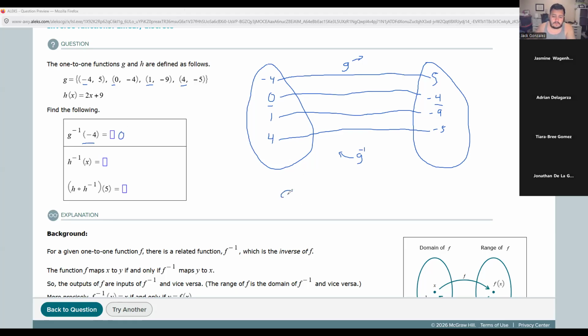So if the question was G of G inverse of -9, what would be our answer?